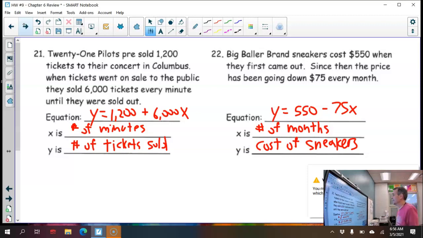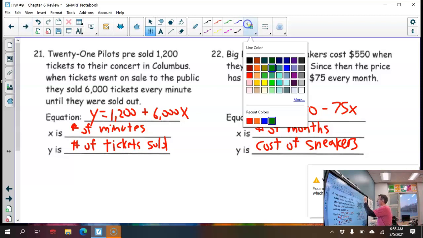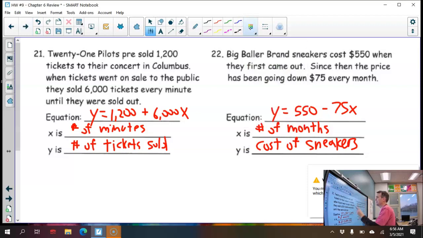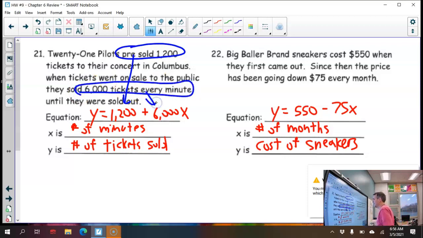Number 21, the beginning amount of tickets sold. Well, the beginning amount of tickets sold was 1,200. Before they even started selling them, they already gave away or pre-sold 1,200 to family and friends. And then they went on sale and they sold 6,000. So the amount of tickets is going up by 6,000 each x.